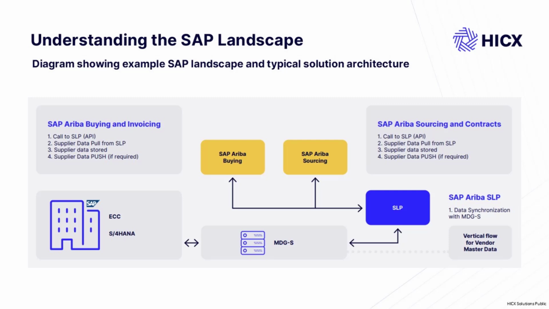So SAP Ariba, SAP Ariba SLP, SAP MDG, and SAP ECC or S/4HANA. And of course, what we don't have represented here, but is very often an additional factor, is that all of this can sit beside other non-SAP ERPs and/or other ProcureTech solutions or best-of-breed solutions.